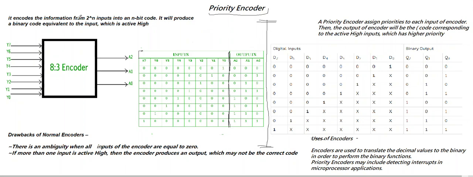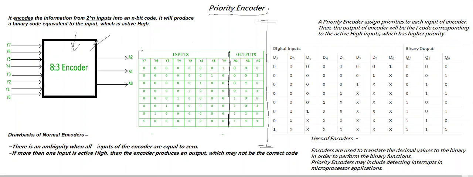So for a binary encoder, the definition is that it is a combinational circuit that encodes the information from 2 to the power n input lines into an n-bit code.